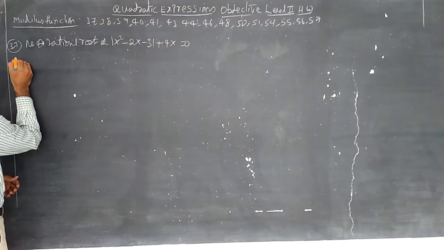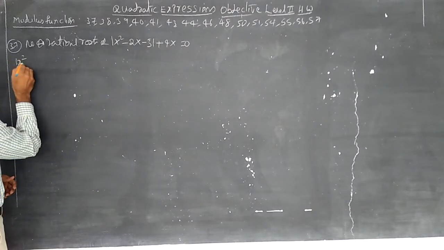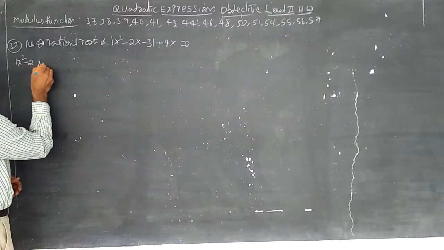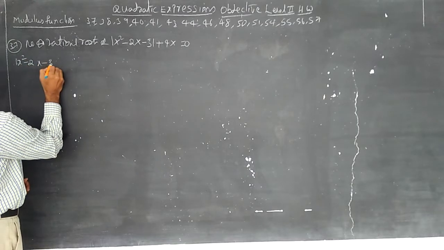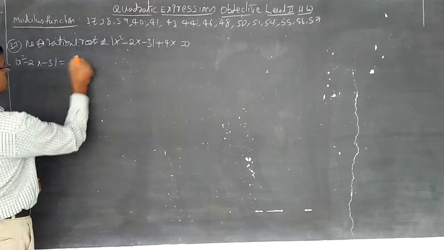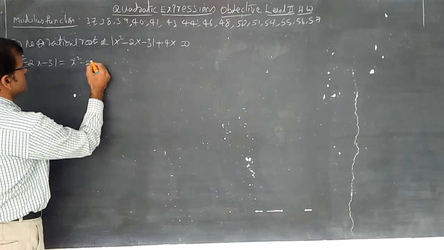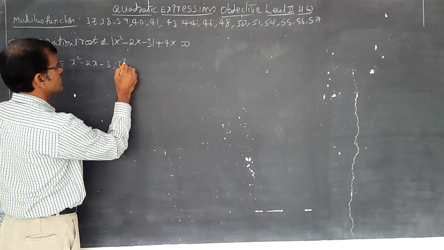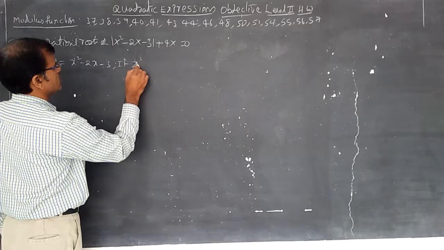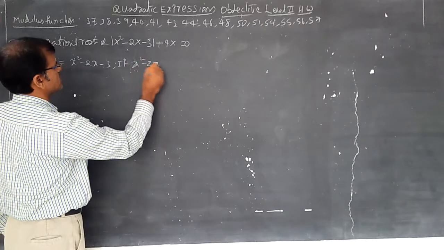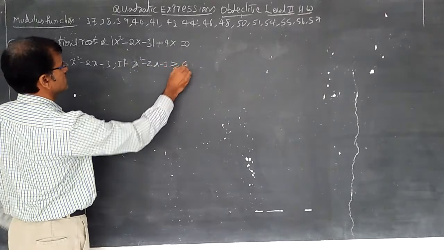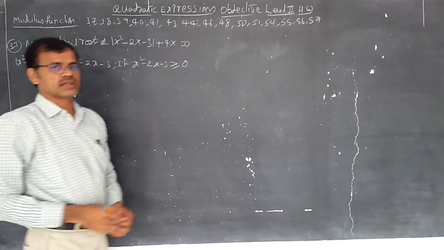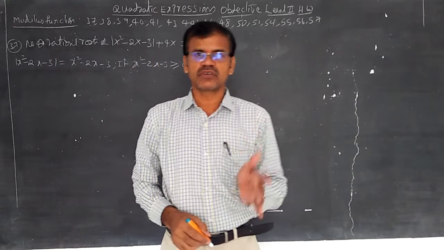Case 1 and 2, depending upon the modulus concept. We should consider modulus of x square minus 2x minus 3 is equal to x square minus 2x minus 3 if x square minus 2x minus 3 is greater than or equal to 0. The concept is modulus of x is equal to x if x is greater than or equal to 0.